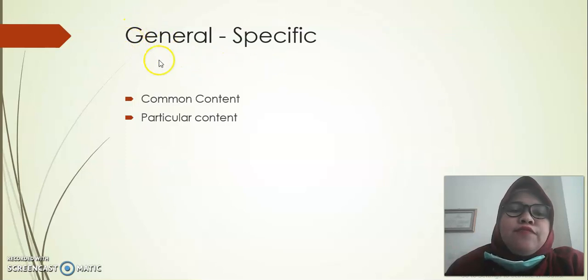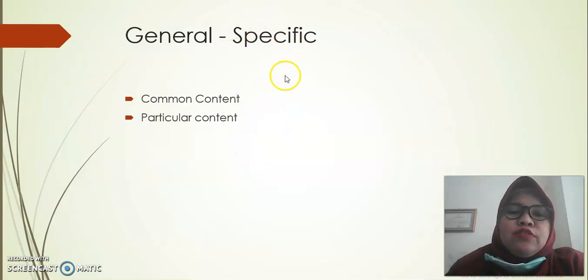Testing for general English means that the test is expected to assess the performance of students in terms of their English skills in general context. So the materials in the test are not specific to a particular topic.